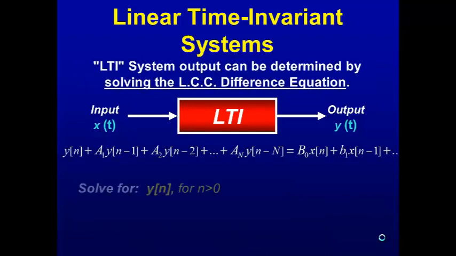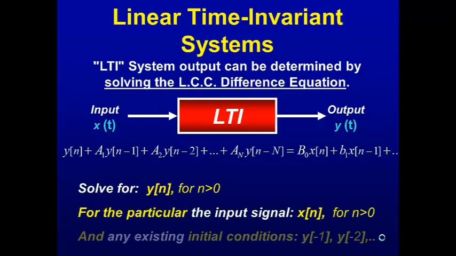Right. So if I want to solve that difference equation for the output for n greater than or equal to 0, we're going to do that for a particular input x of n and any existing initial conditions, which in our discrete time system are a little different from the continuous time. In continuous time, I needed to know derivatives.